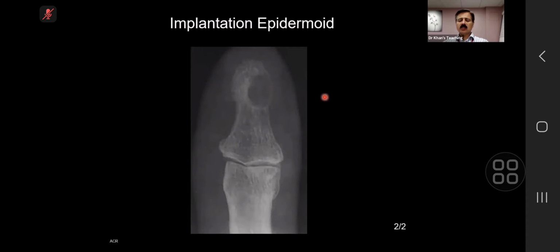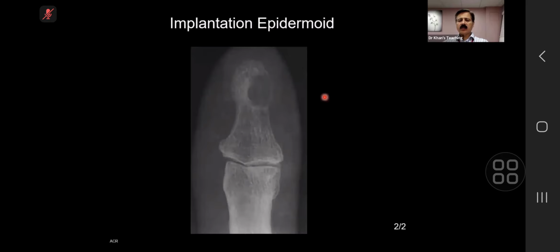This is the same concept as an epidermoid in the skull vault or a cholesteatoma in the temporal bone. Please remember that a cholesteatoma in the temporal bone is the same thing as an epidermoid. When it happens in the temporal bone, we call it a cholesteatoma. Pathologically speaking, it's the same.